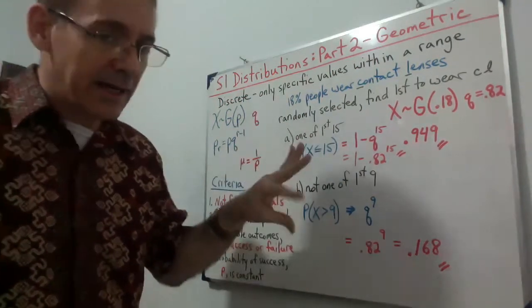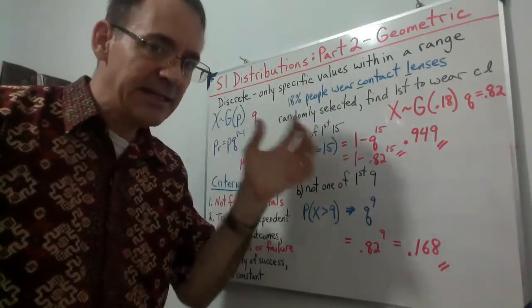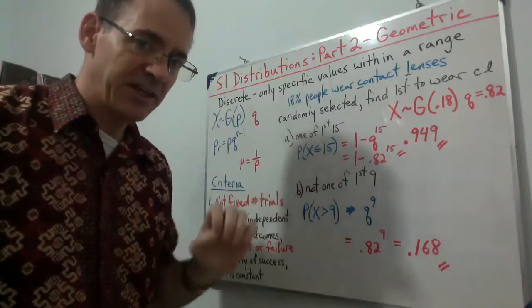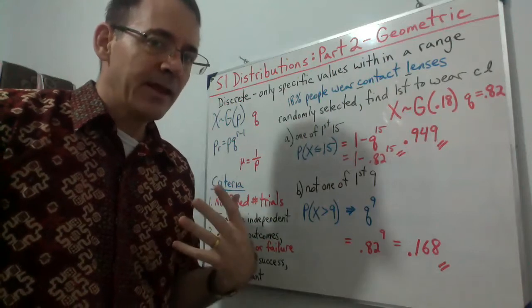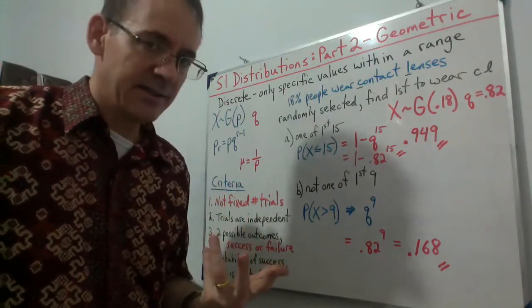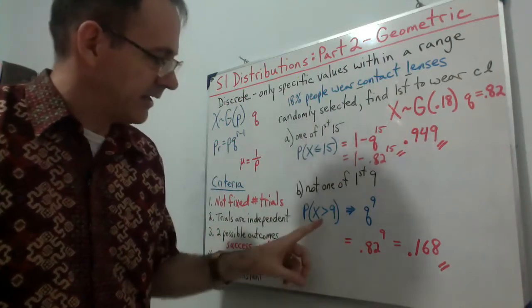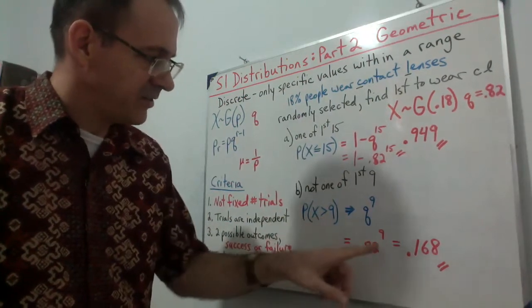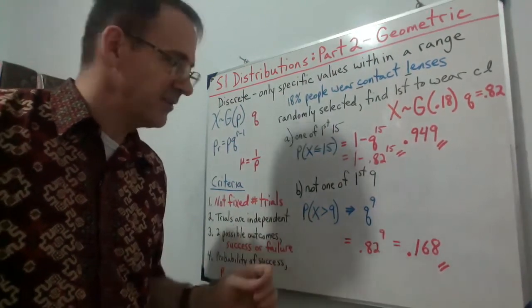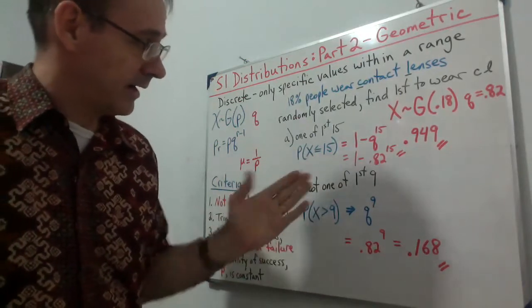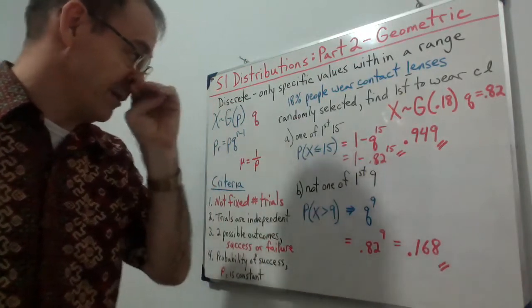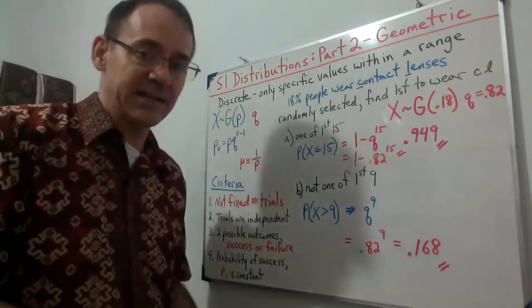So again, understanding the relationship between success and failure with respect to these inequalities is important. Again, after 9 means the 9 is included on the front side. Less than or equal to 15, again, means you can't fail 15 times.